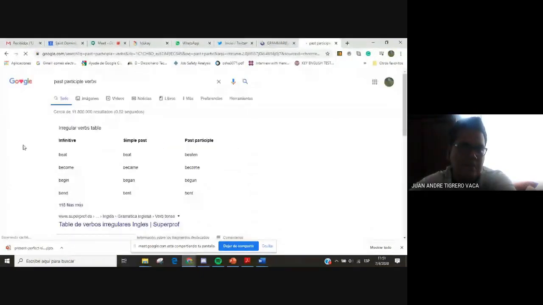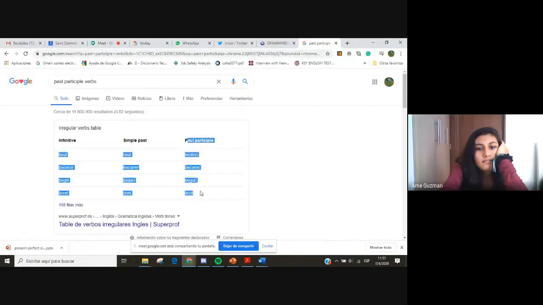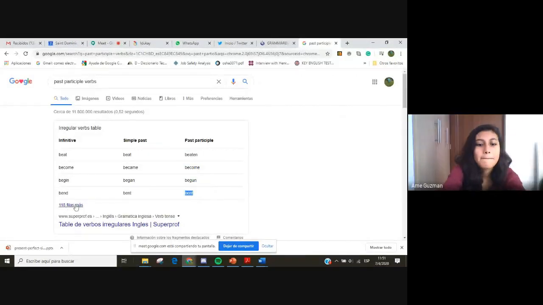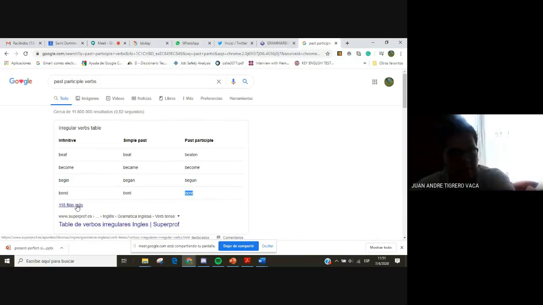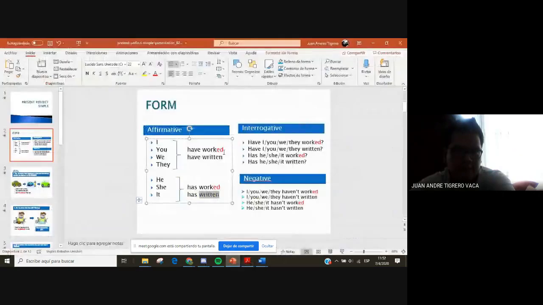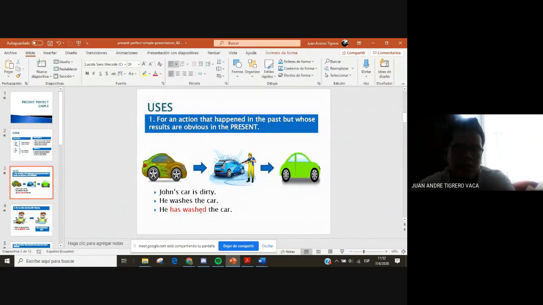So you see, beat, beaten. So that's the past participle. This is the rule for the past participle. It changes, but these are irregular verbs. Some of the verbs that we are going to use are regular, so you just use the "ed" at the end. Those that are irregular change completely. Okay, like we see, wash. The past participle of wash is washed with "ed" at the end.